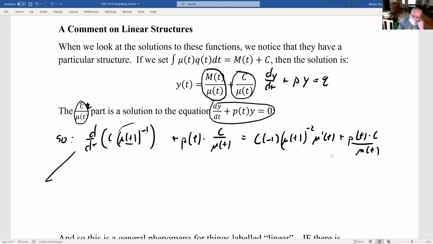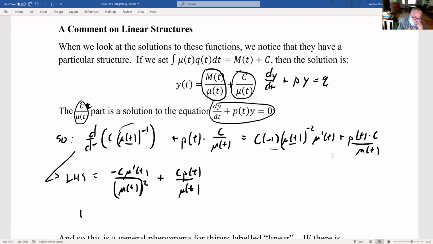So simplifying all this a little bit, my left-hand side becomes minus c times mu prime of t over mu of t quantity squared, plus c times p of t over mu of t.